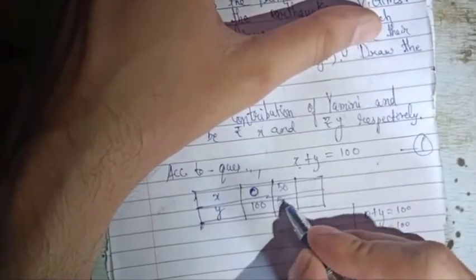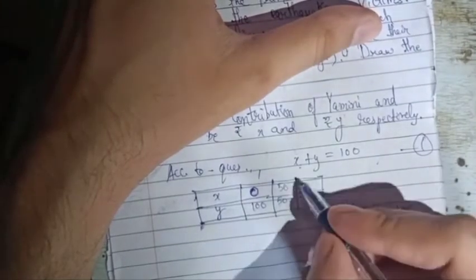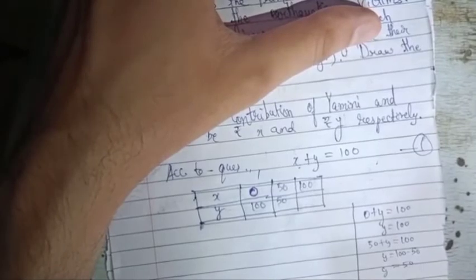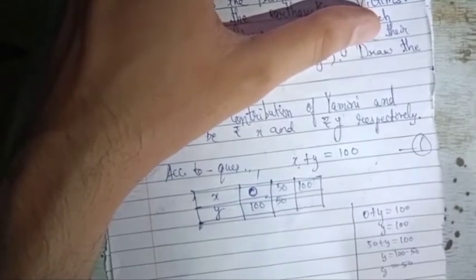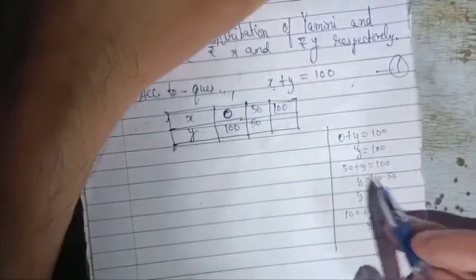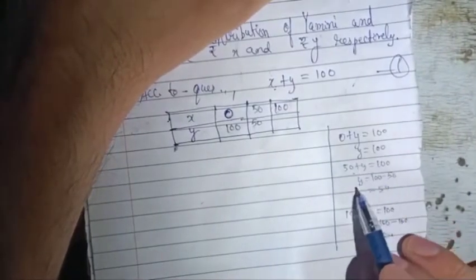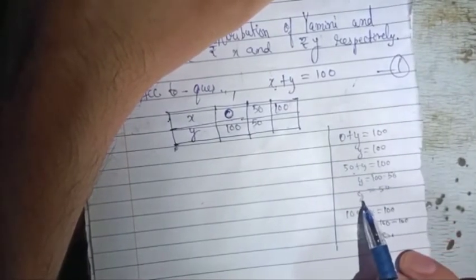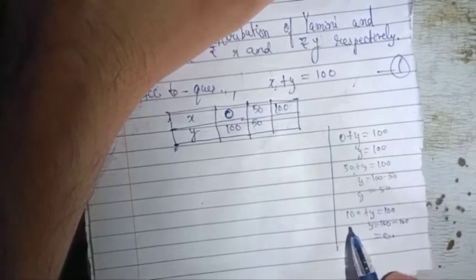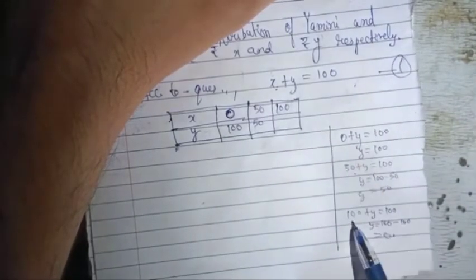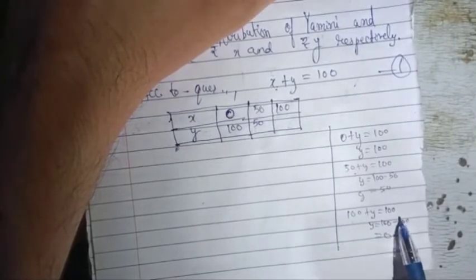So y is 50. In the same way, if we put x = 100, then 100 + y = 100. Y will be equal to 100 minus 100, and it is equal to 0. Now 100 we have substituted in place of x into the equation, so 100 + y = 100.